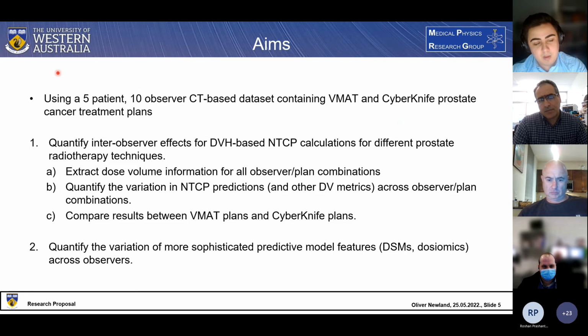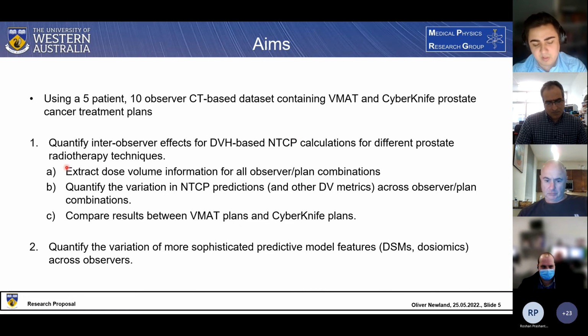So the way I'll be quantifying the observer variation is I'll be using a 5-patient, 10-observer dataset, which contains VMAT and CyberKnife prostate cancer treatment plans. First of all, I will be quantifying the interobserver effects using the variation in normal tissue complication probabilities across the observers.